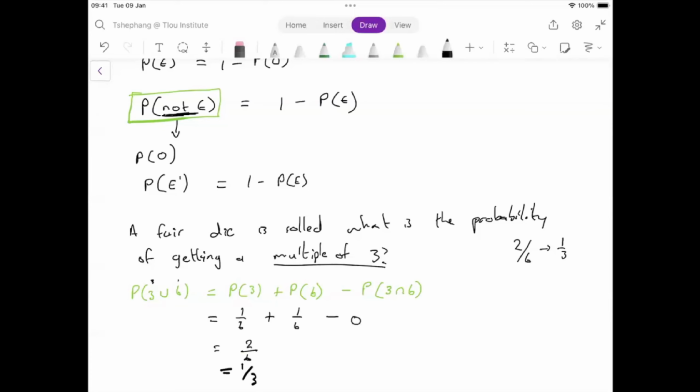Okay, remember, we are not talking about factors, we are talking about multiples. So when we're saying multiples of 3, we're going to start with that number. If I say multiples of 4, I mean start at 4 and keep adding 4. So 4, 8, 12. If I say multiples of 3, I mean 3, 6, 9, 12.